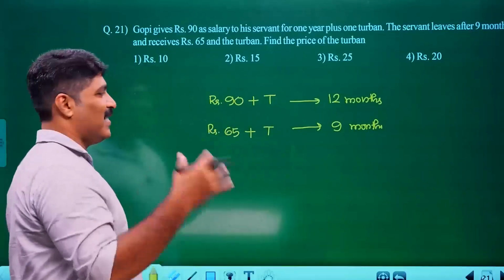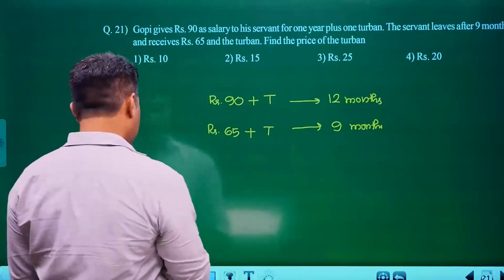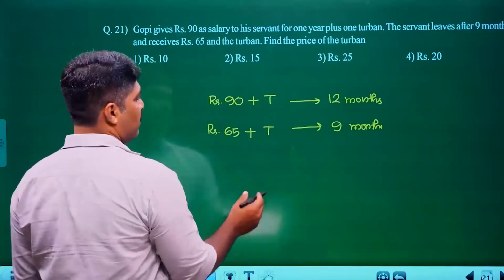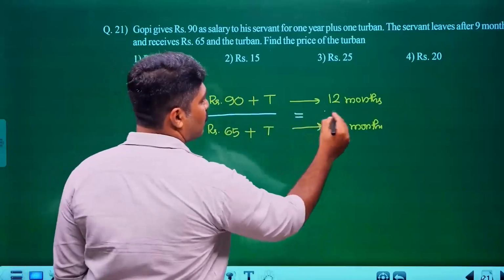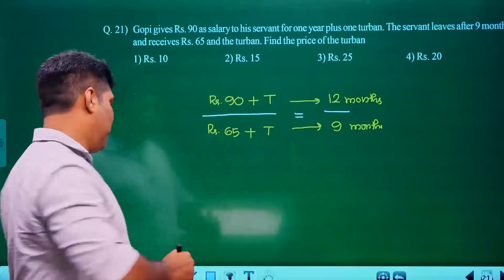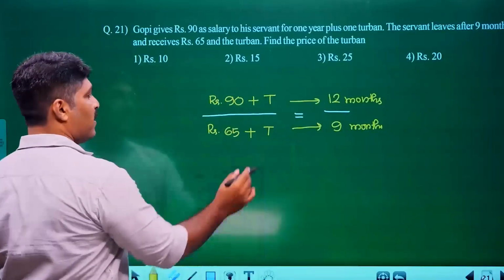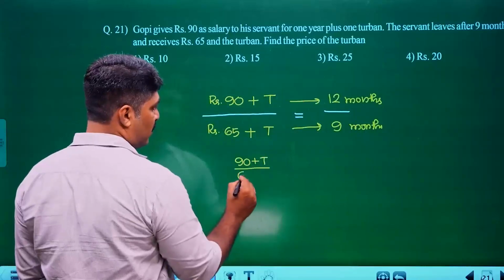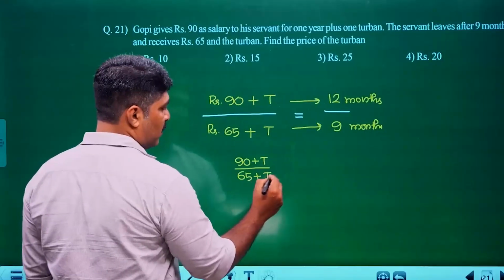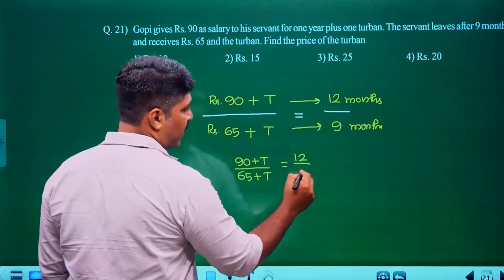That's a simple logic. Here we consider it in the form of a ratio. This value divided by this value will be equal to 12 by 9. So this is 90 plus T over 65 plus T, equal to 12 by 9.